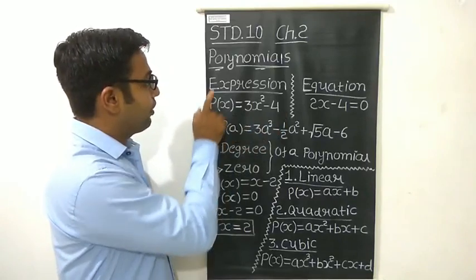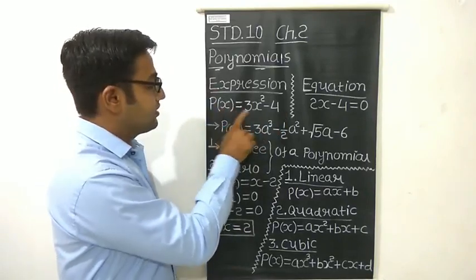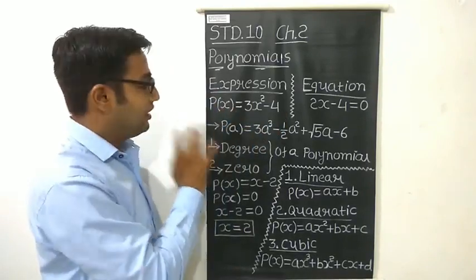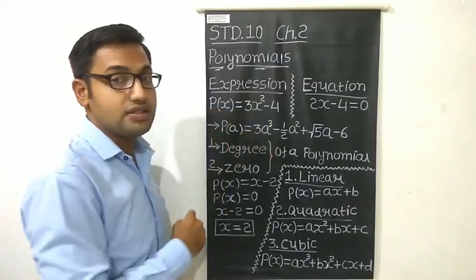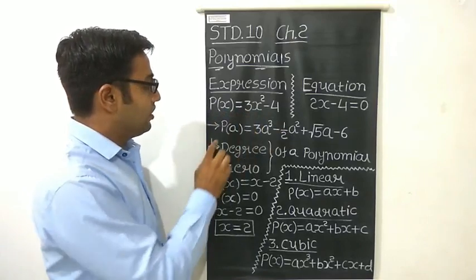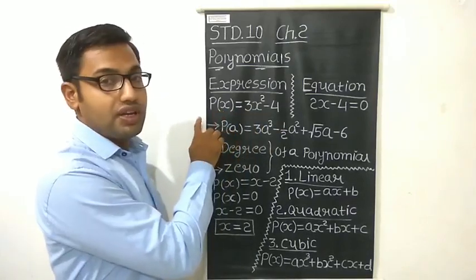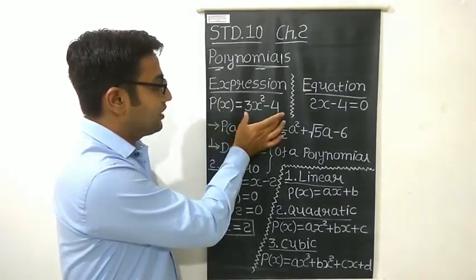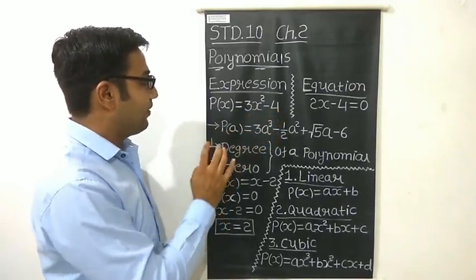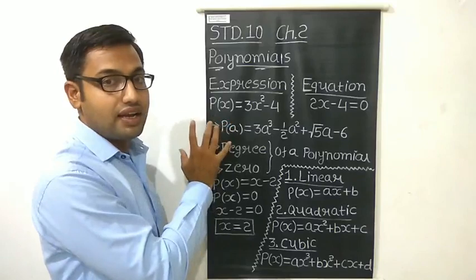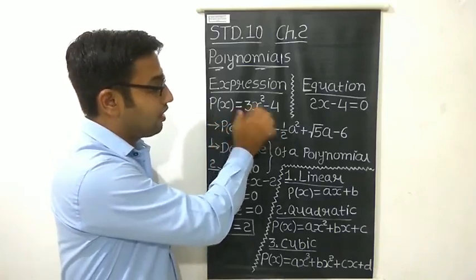P is for polynomial, and as x is a variable, it is written as p of x equals 3x square minus 4. As we change the value of variable x here, the right hand side value also changes. So for different values of x, we get different values on the right hand side.